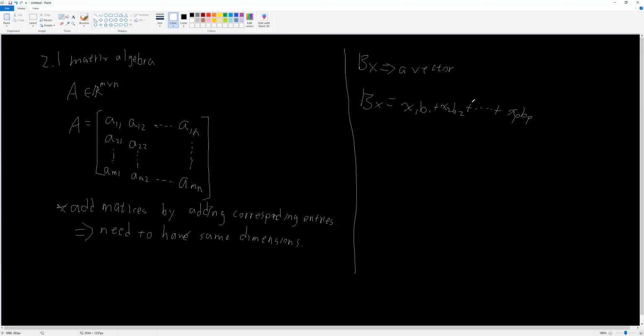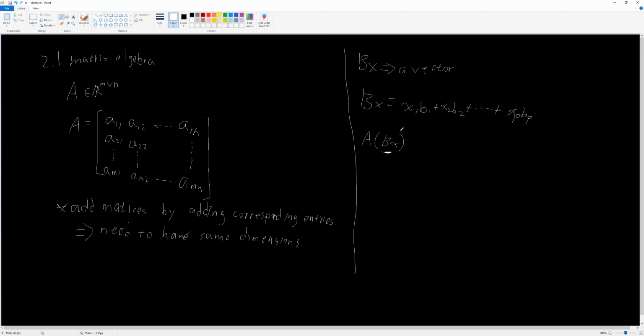Okay, now moving on, by the linearity of multiplication by A, we get this, right? So we want to look at A times Bx. Now, remember that Bx is just a vector, right? So essentially, what we're doing is taking a matrix A multiplied by some vector Bx.